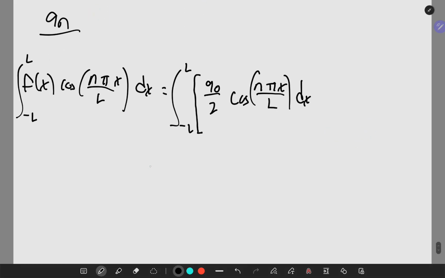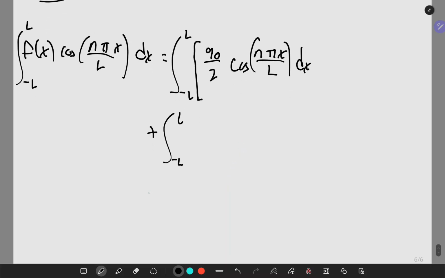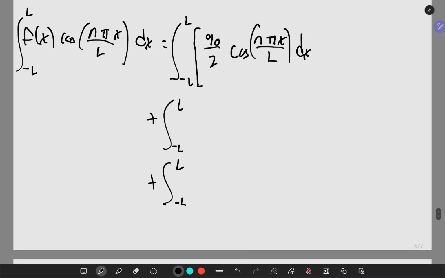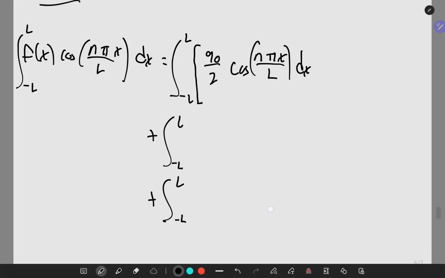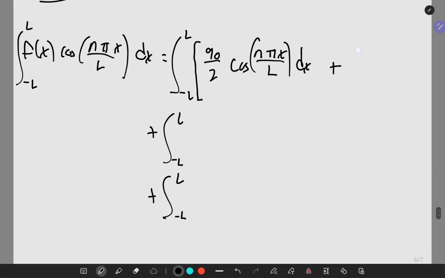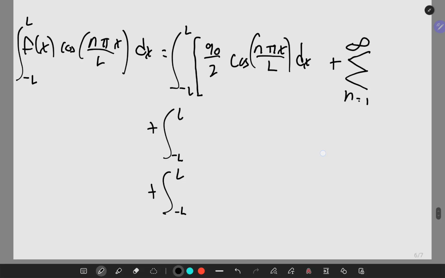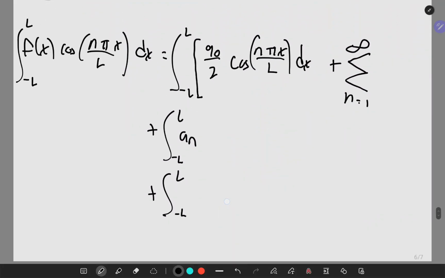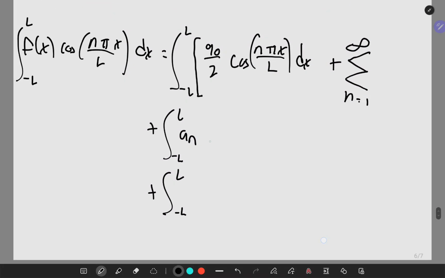I'll put them down here. Oh, I forgot the summation though. I'll put it up here. a sub n cosine. So it's just going to be the same thing.